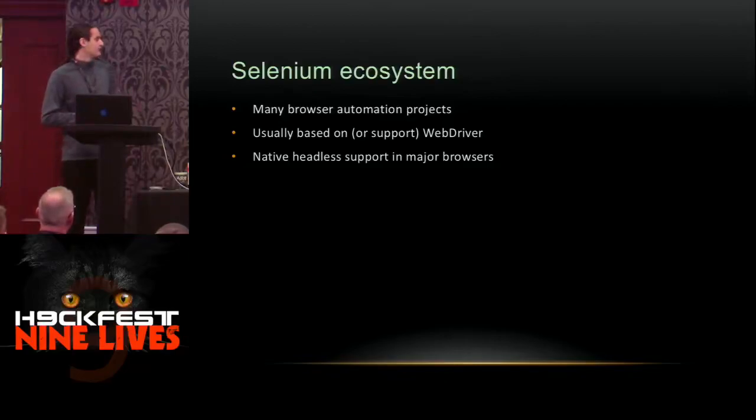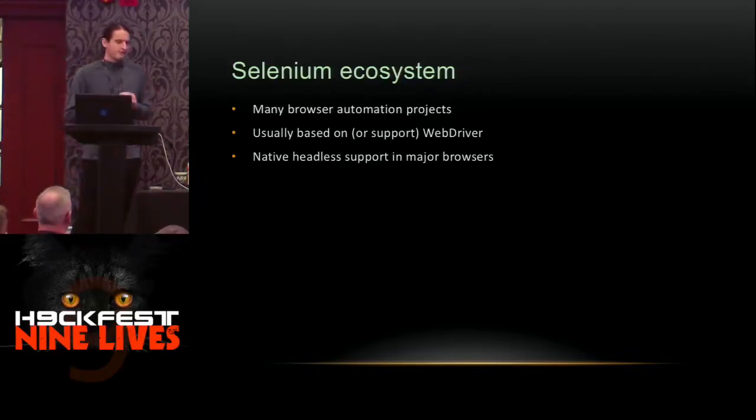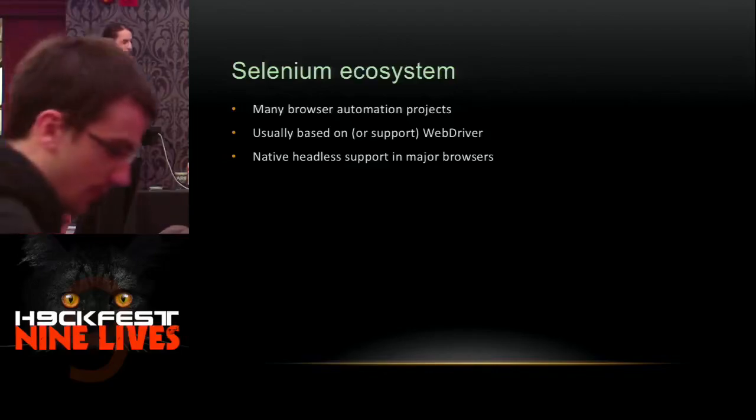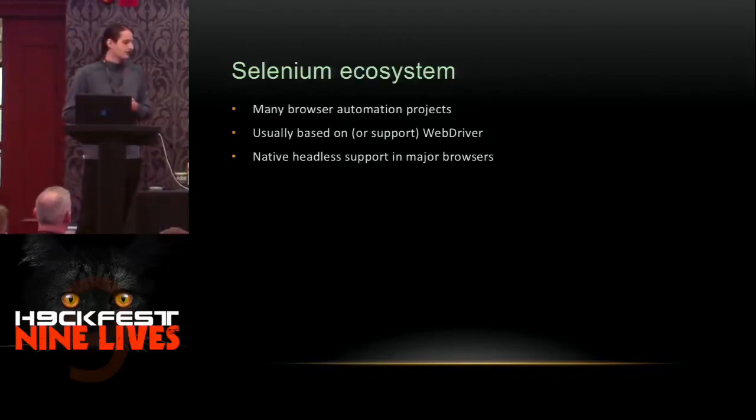The big development now that makes Selenium seemingly destined for dominance in the browser automation space is the increasing native headless support in major browsers. This was a development, I believe, led by Google through headless Chrome, which I think was just made public this year, followed by Firefox.